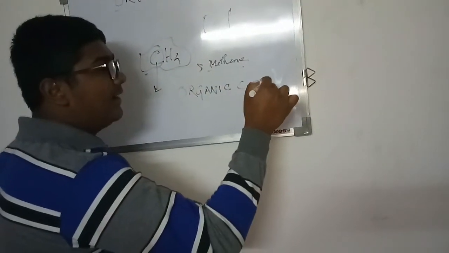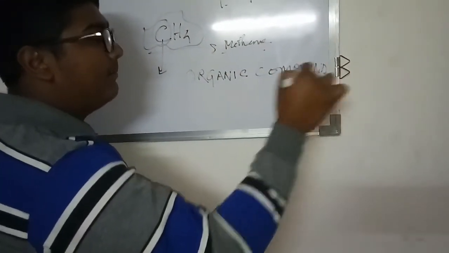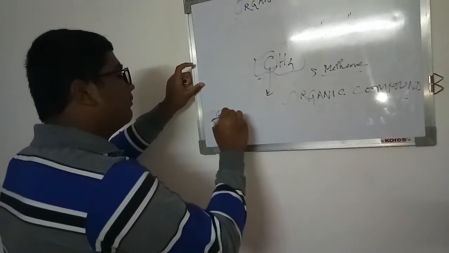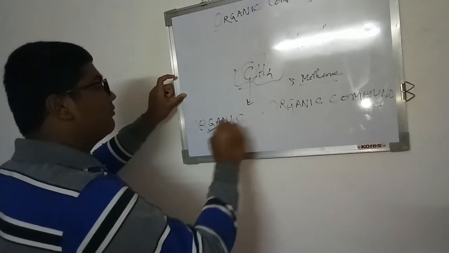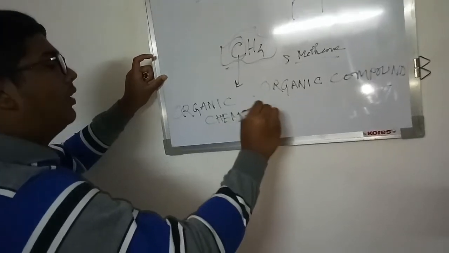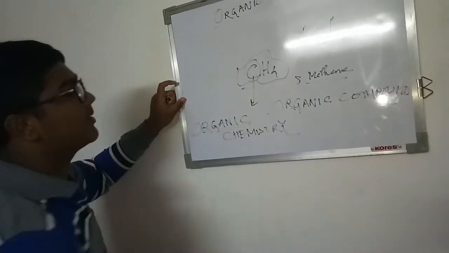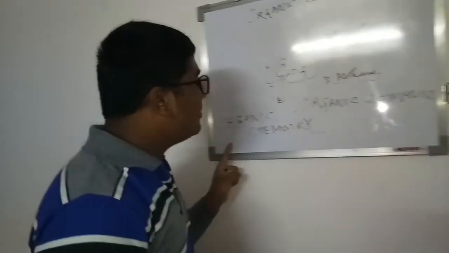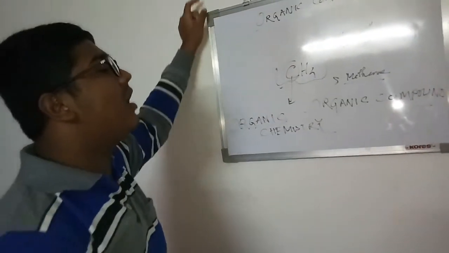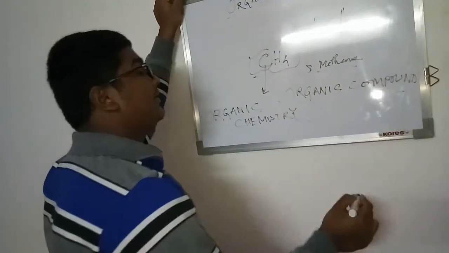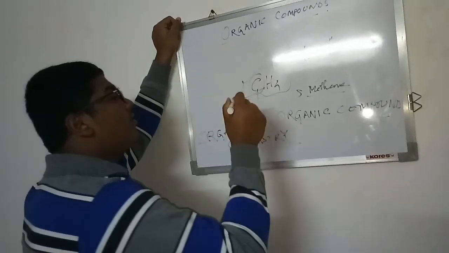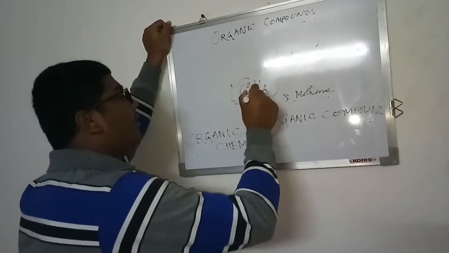And as I have said, I will definitely talk about organic chemistry. What is organic chemistry? Organic chemistry is a branch of chemistry that is particularly dedicated to revealing the various facts regarding the formation and the study of the compounds where carbon is there, that is the organic compounds.